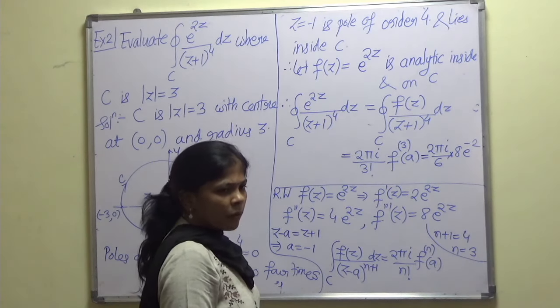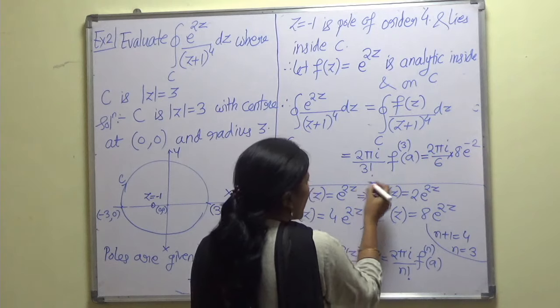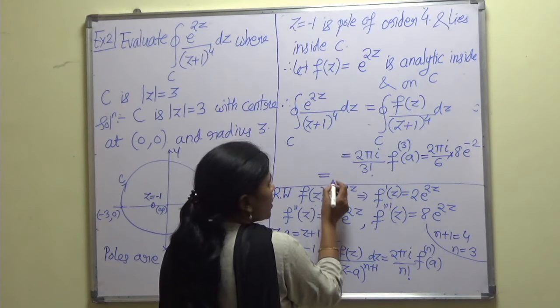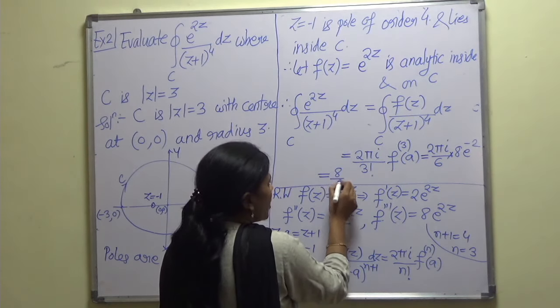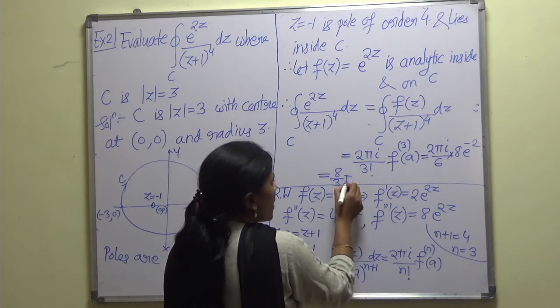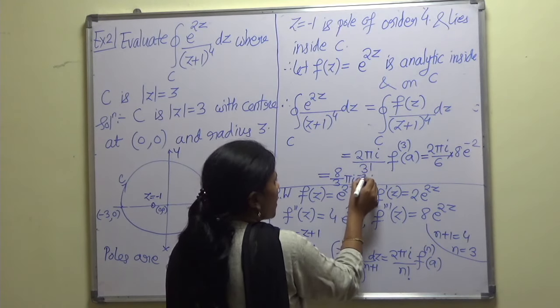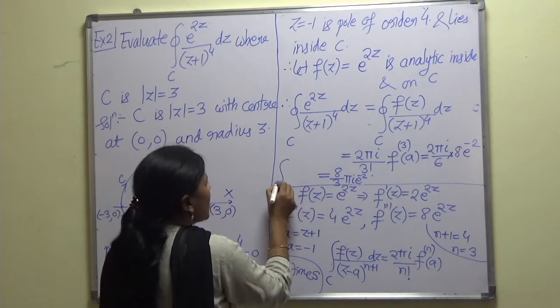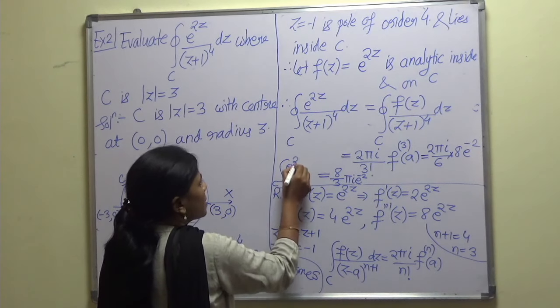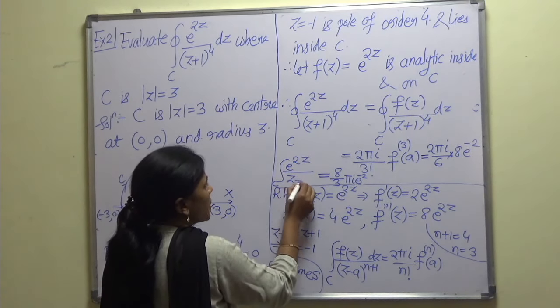Simplify whatever is possible. So 2 will get cancelled. We are left with 8 by 3 times pi I into e raised to power minus 2. In this way we get the desired solution of this particular problem.